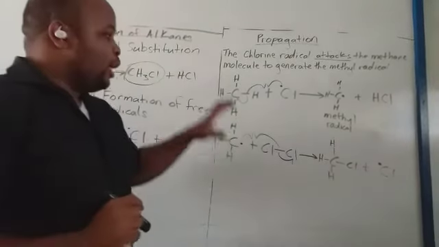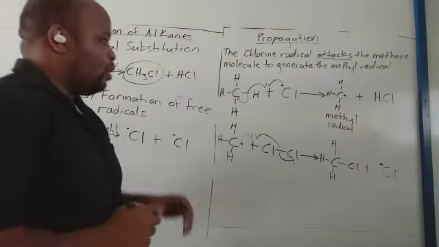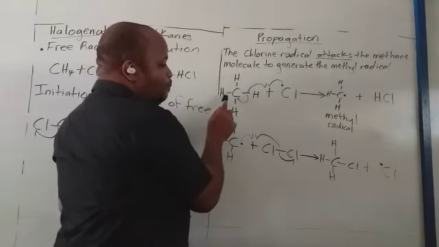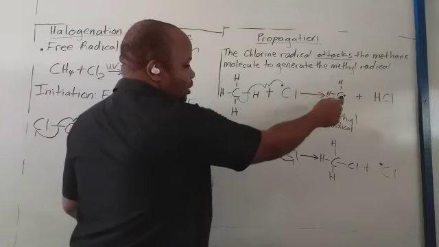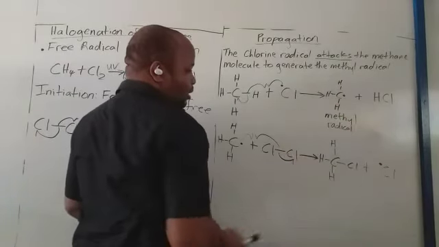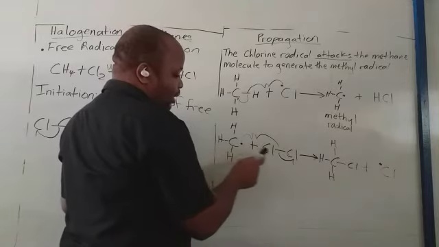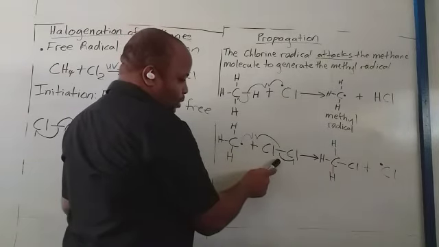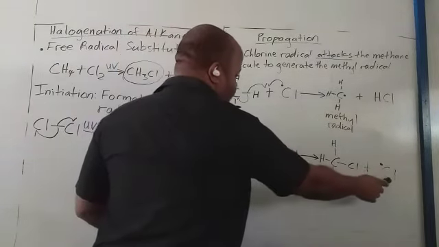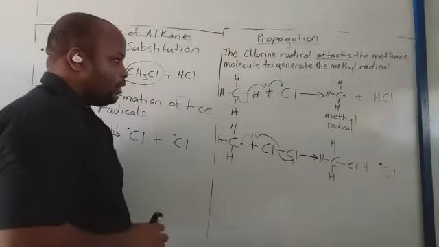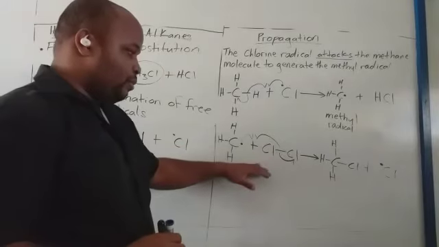So in propagation, 1 radical always attacks a molecule to generate a new radical. And it's the same thing here. The methyl radical attacks the chlorine molecule to generate back a next chlorine radical. And that is propagation for you.